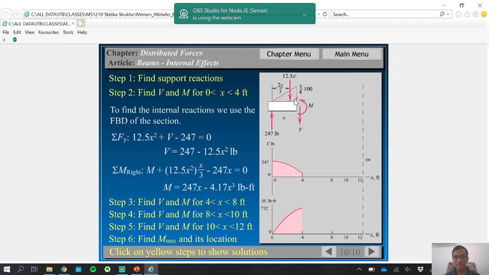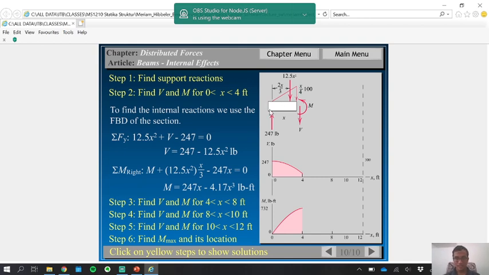The distance here is only x per 3, because from the left edge to the concentrated force is 2x per 3. So 12.5x squared multiplied by x per 3.